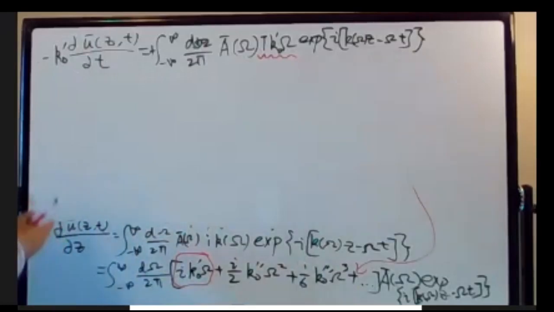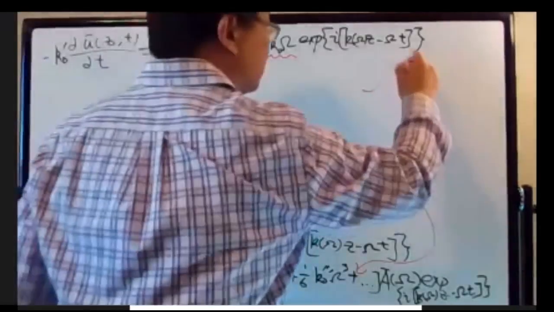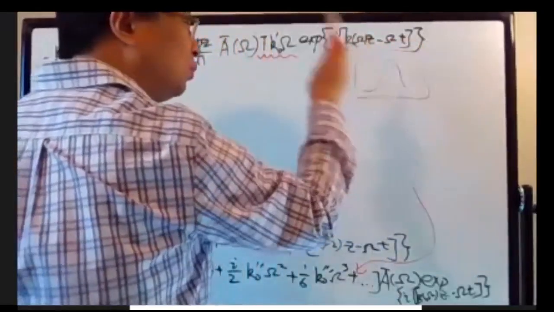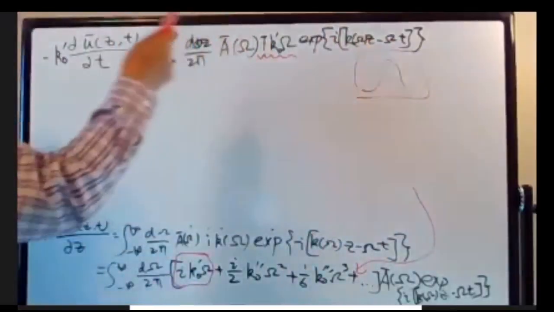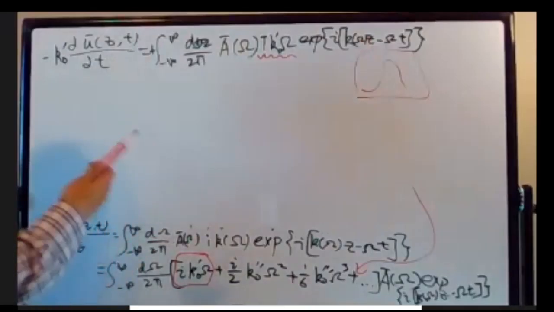So now we can take a propagation. This is basically a propagation. This is the time derivative. If I have a pulse, I'm able to calculate the time derivative. Once we get the time derivative, I'm able to propagate. As to how to propagate, we will learn later.